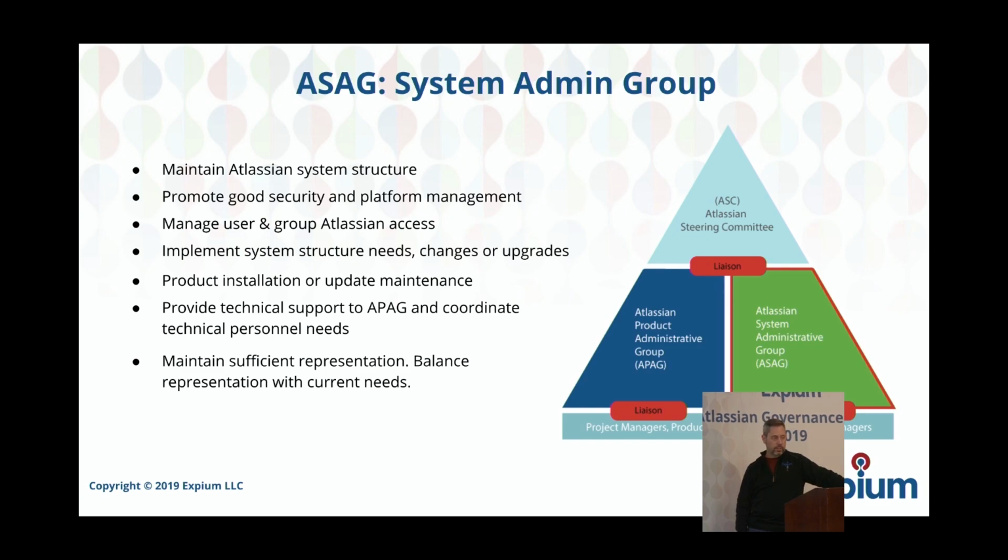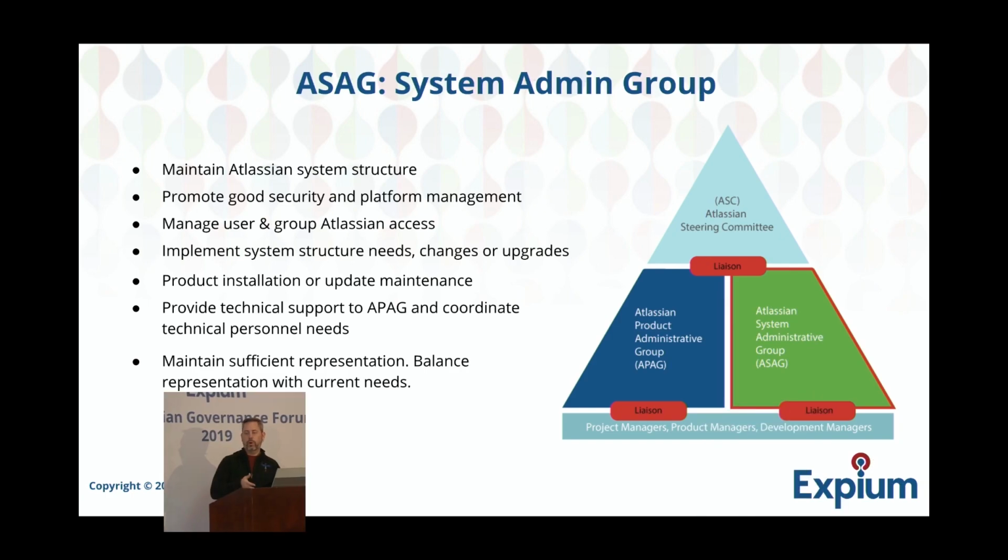Some of this is going to need to be coordinated with the product group, right? Especially if we want to use users and groups from a system Active Directory standpoint, but when we get down to projects, we want to use roles, then there's going to need to be some conversation between these two groups. But the system administrative group is going to primarily focus on that system thing.